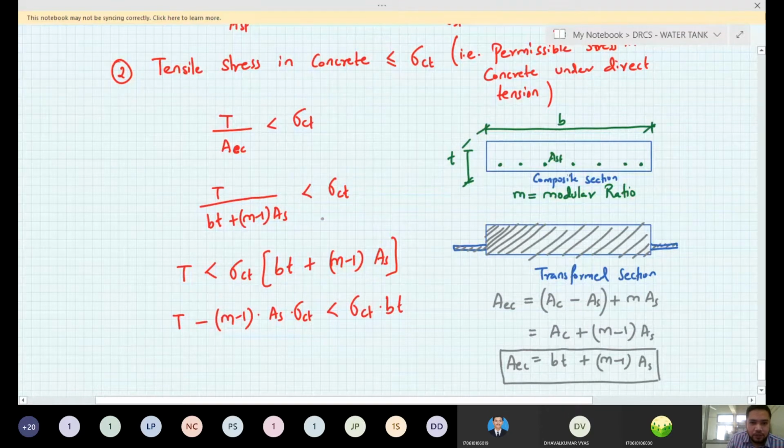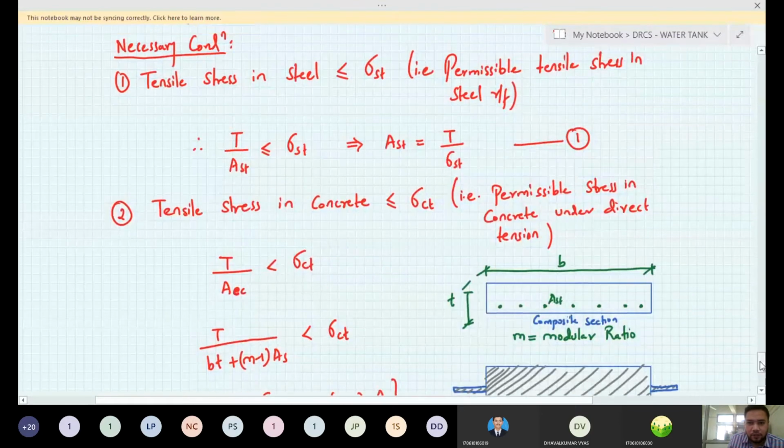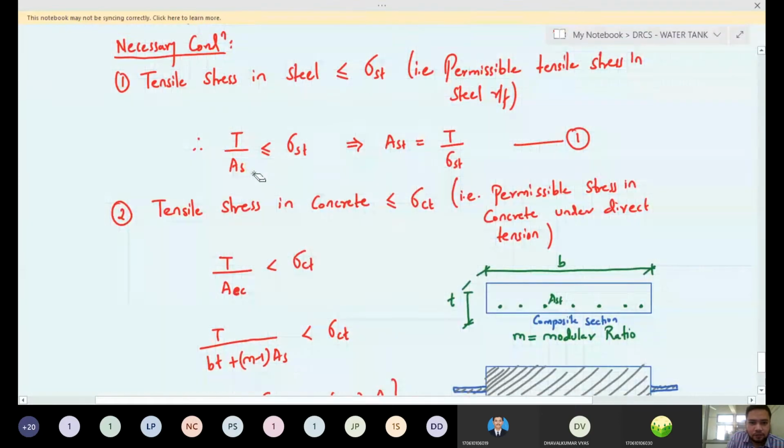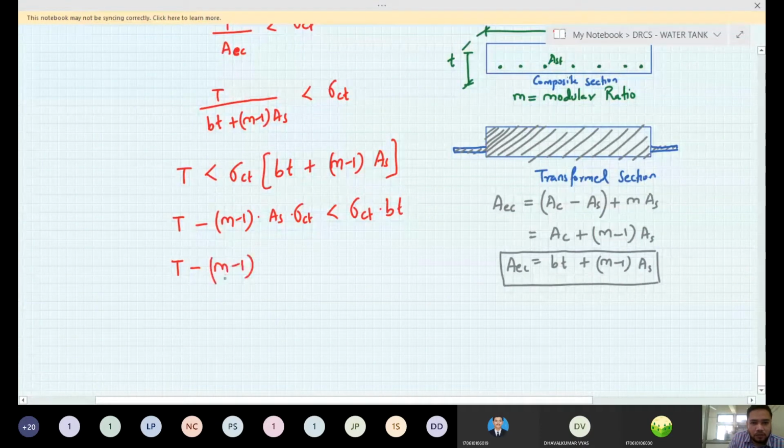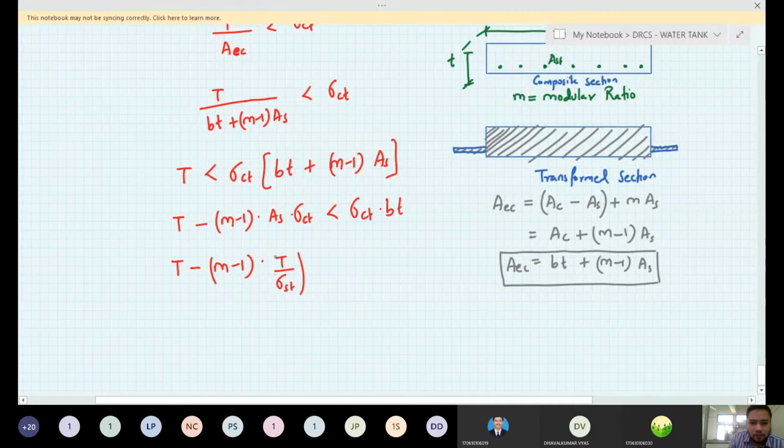Now what is AS? AS is T by sigma st, so you can put AS here. So T minus m minus 1, it is T by sigma st, times sigma ct, should be less than sigma ct times BT.